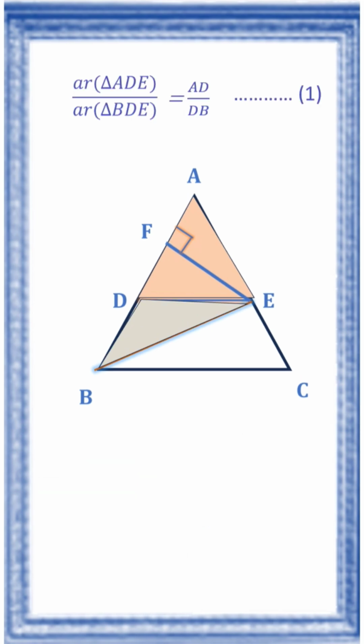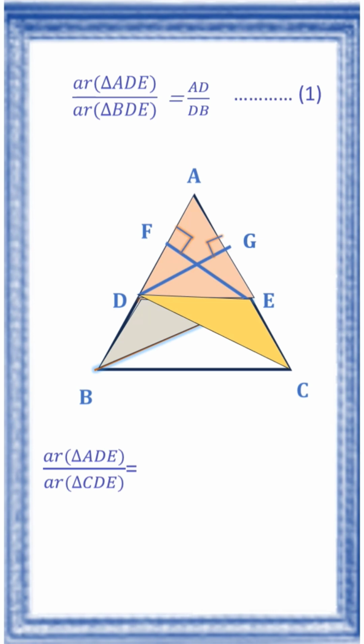Now let us take the triangles with the bases AE and CE. For these two triangles, the perpendicular is DG. So now let us take the ratio of the areas of ADE and CDE.